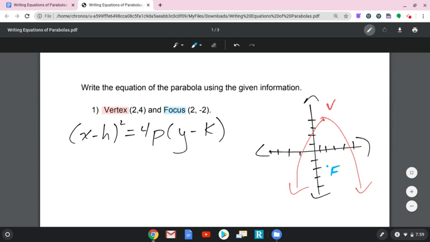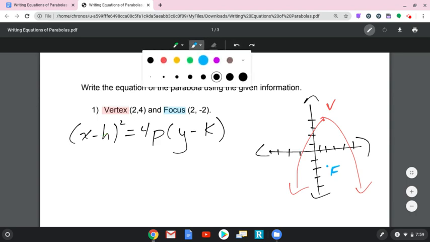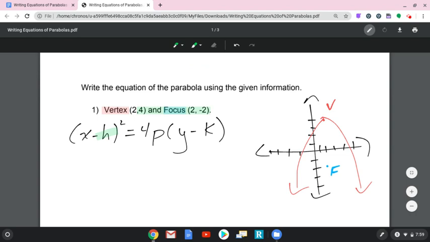The nice thing is, because I know my vertex, I already know h and k. h is 2, and k is 4. So if I plug those values in, I can say (x - 2)^2 = 4p(y - 4). All right, so that's good.